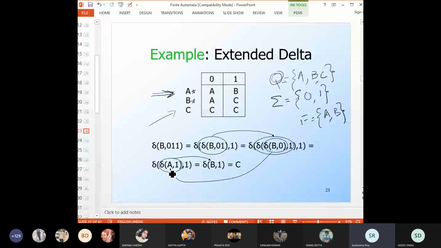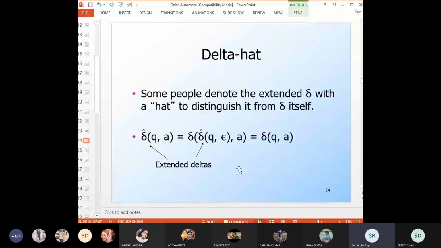Delta B on 0 is A, so we have substituted this by A. Then from A on 1 you go to B again, and B on 1 you go to C. So the final value of this function, if you apply it mathematically, is this. This is nothing but a series of transitions. Keep that in mind, and everything will become simple. And some people denote this extended delta with a delta hat. If you see this representation, please do not be confused. It's nothing but extended delta.